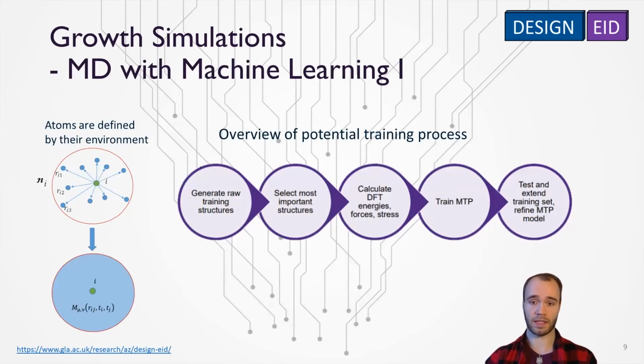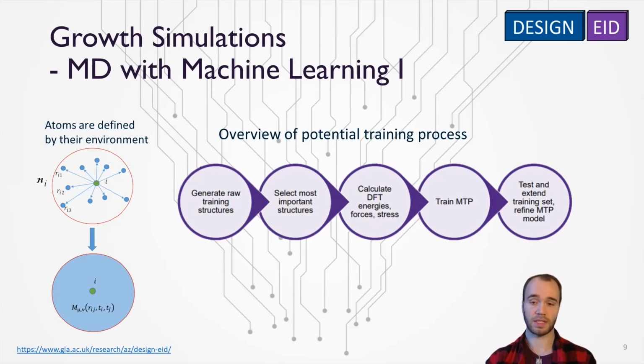In this method, atoms are defined by their environment, so the raw data for the machine learning process has to include structures with various physically significant environments. The raw data then has to be filtered in case a majority of structures are too similar, such as having an equal amount of atoms. The raw structures are then calculated using expensive and accurate DFT methods, and the potential is trained to replicate these structures' energies, forces, and stresses.